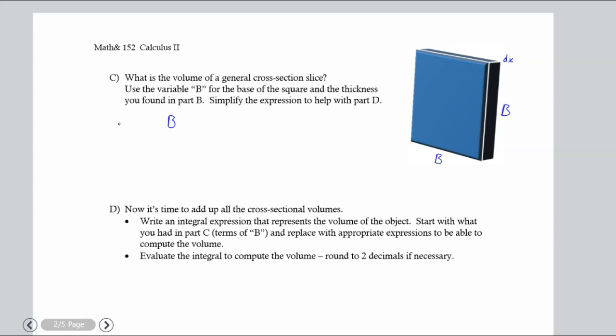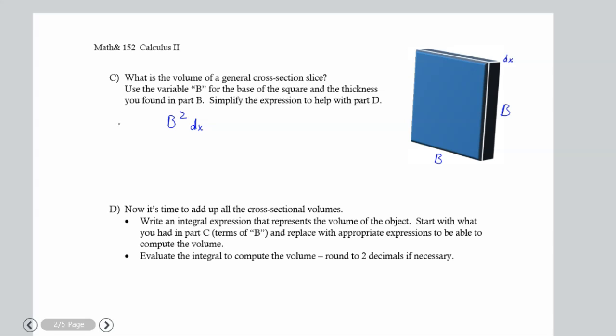So volume is going to be length times width times height, all three multiplied. So we get b times another b, so b squared. Not too surprising, the area of that face, if it's a square, is b squared, and then times that thickness, dx.